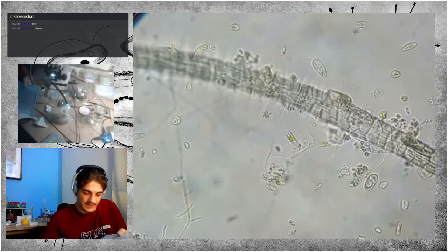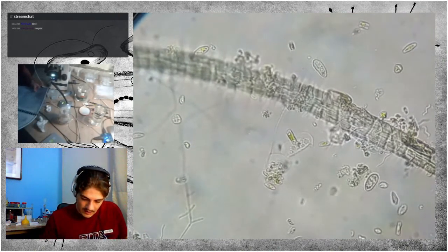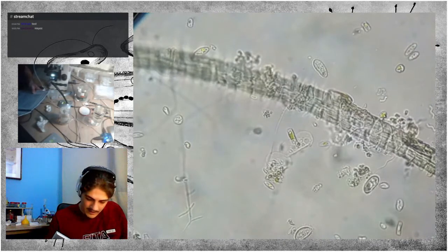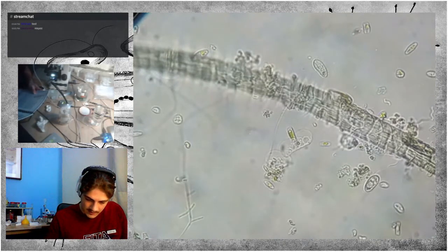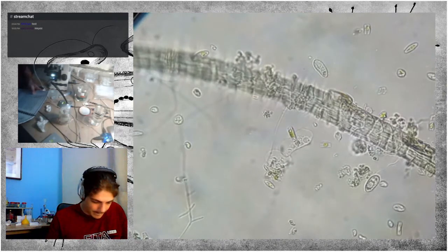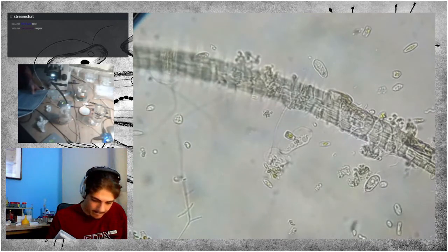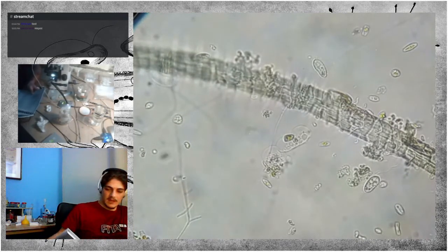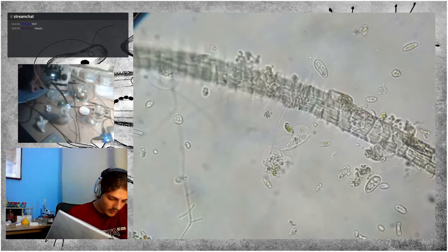I think there is an example of that here. It is for sure a naked amoeba, and it could be, let me see again, perhaps either Platyamoeba or Vannella.